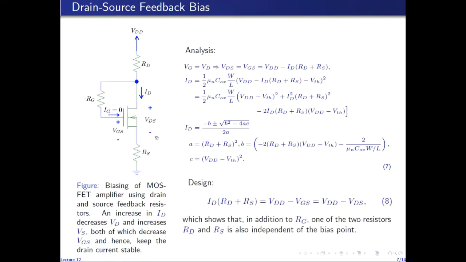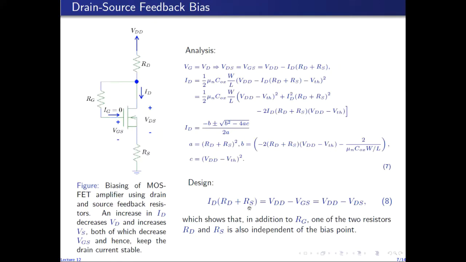Previously, in the earlier schemes, we noticed that RG was independent of the bias point, but in this case, in addition to RG, one of these two resistors is also independent of the bias point, because we just have this one equation at the output to find RD and RS.